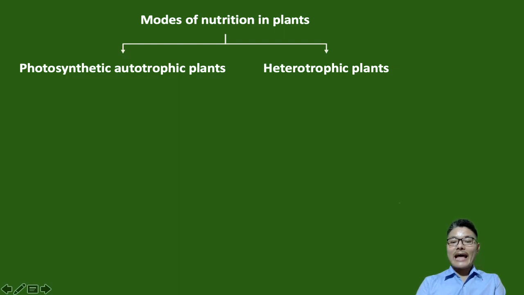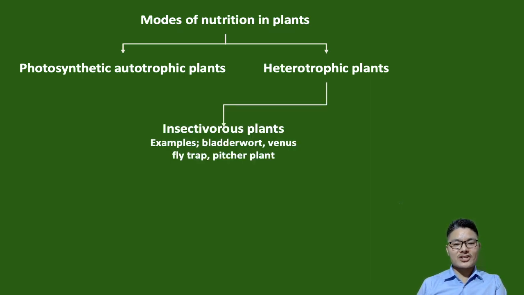On the other hand, hetero refers to different. Trophic means feeding. So heterotrophic plants are having different modes of nutrition and they can't synthesize their own food. Then how are they going to get their nutrition? Heterotrophic plants can be insectivorous plants. Insectivorous here refers to they feed on insects.